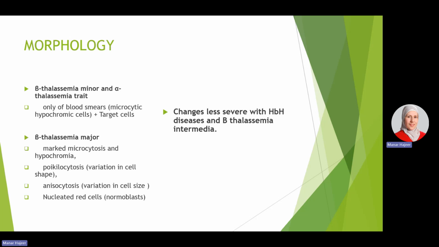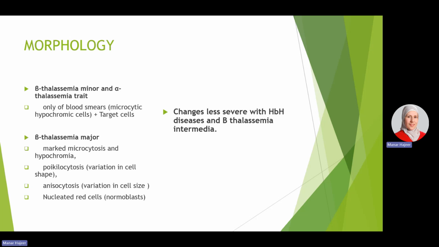The morphology, whether it is beta thalassemia or alpha thalassemia: the findings on the peripheral blood, if the patient is beta thalassemia minor or alpha thalassemia trait, what we will see is only the microcytic hypochromic cells, small in size with increased central pallor, in addition to target cells.